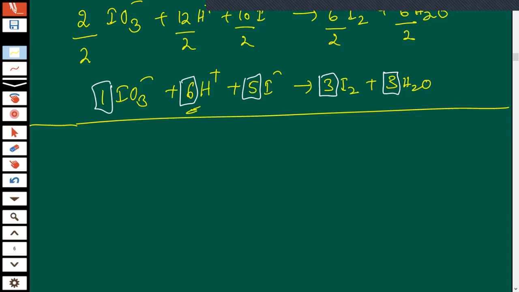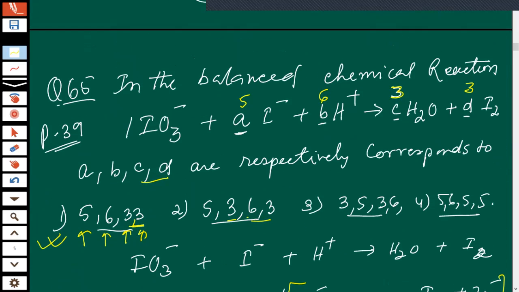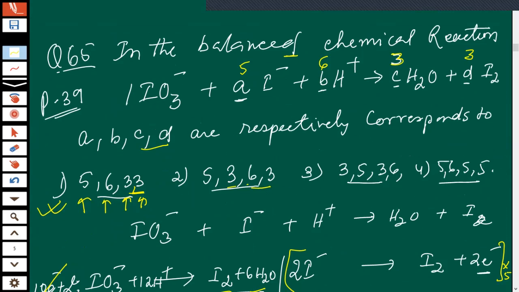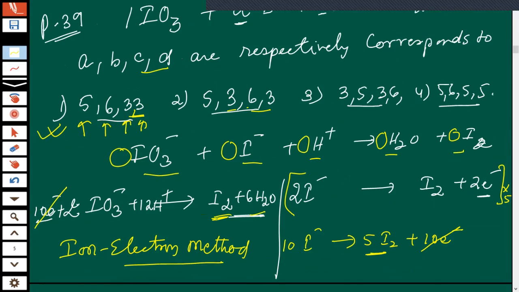These questions are based on balancing of redox reactions, children. Listen carefully. This reaction is based on the balancing process. When you balance it, you will get some numbers, and those numbers are given in the options.